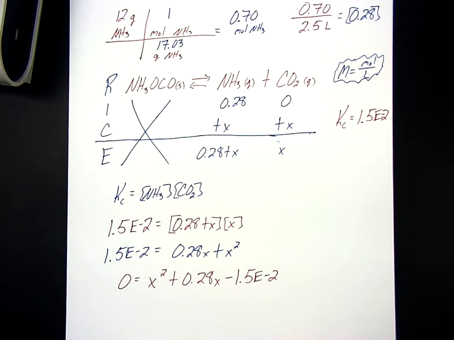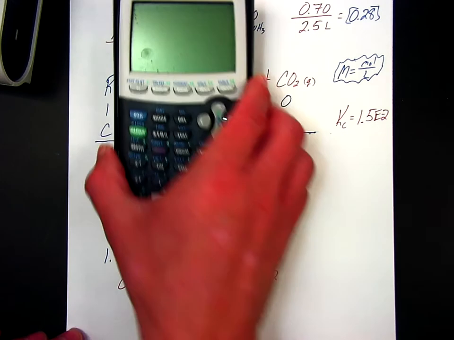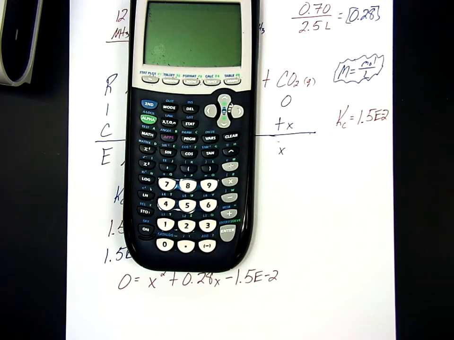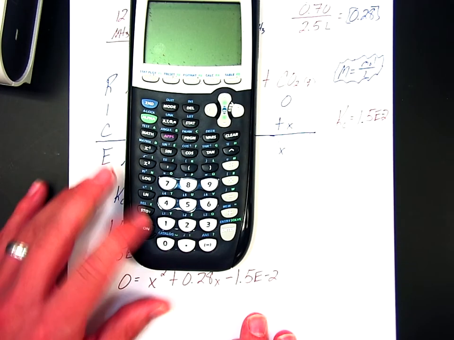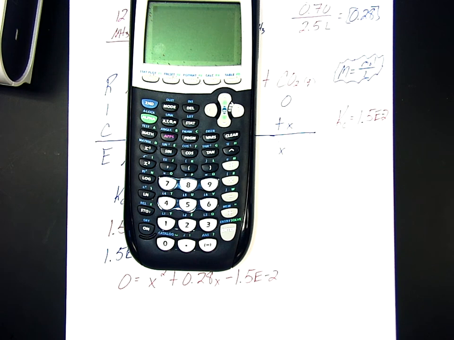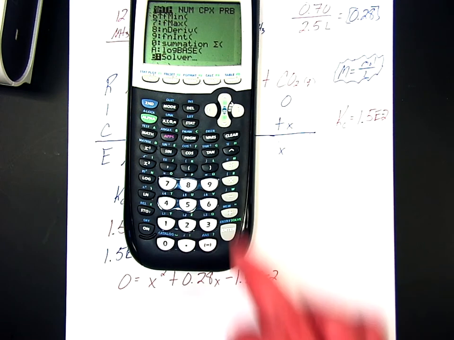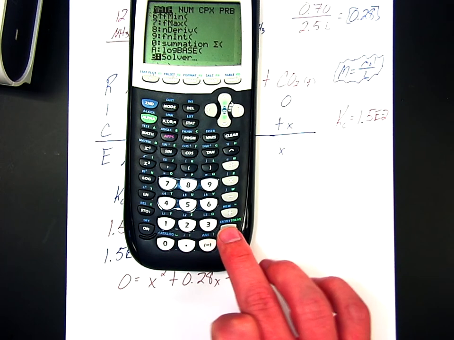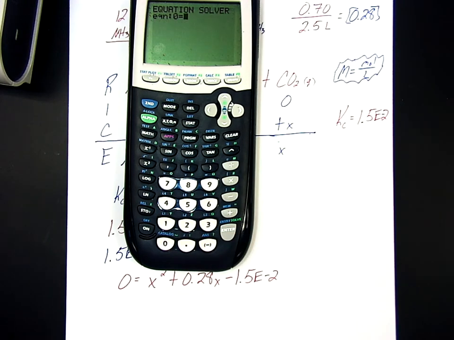And now, of course, we cheat because we don't want to do a quadratic. So let's go to our handy-dandy math and then scroll down or cheat up to solver. There's my 0 equals.